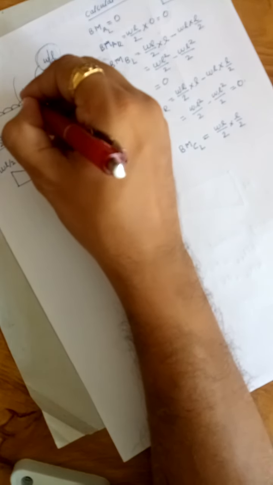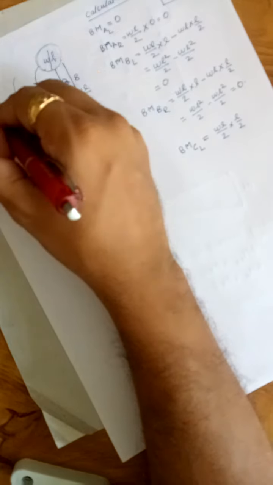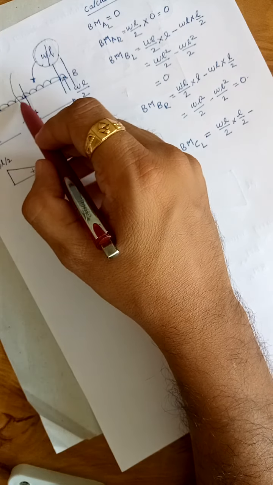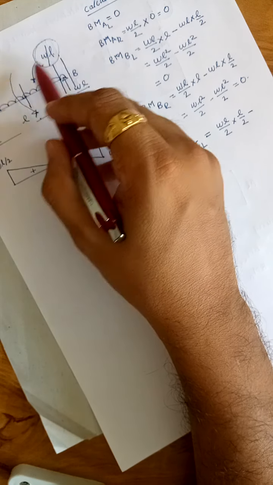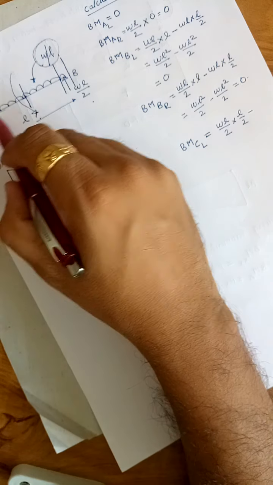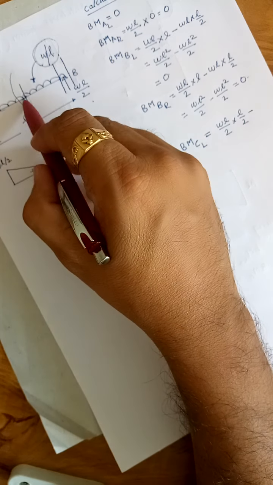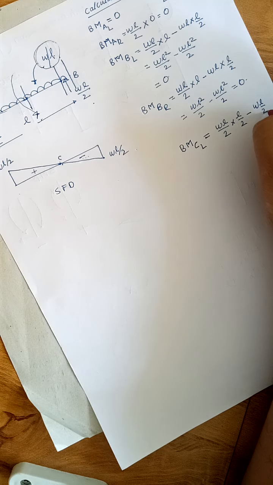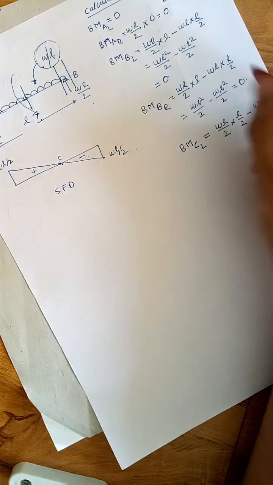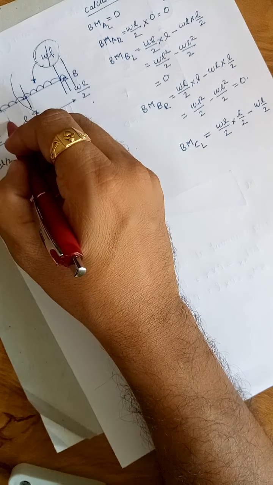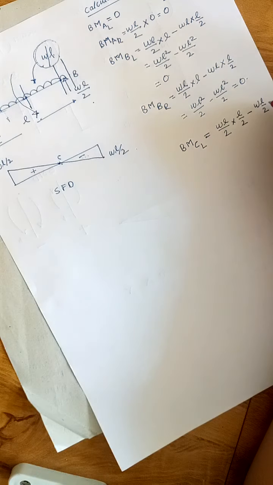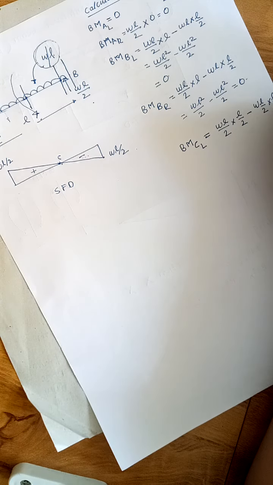Again, this is the load acting on it, at W per unit length. It is acting on half of the length of the beam, so it will be W multiplied by L by 2, which is the total load, and it will act at the midpoint of this span, so that will be WL by 4.